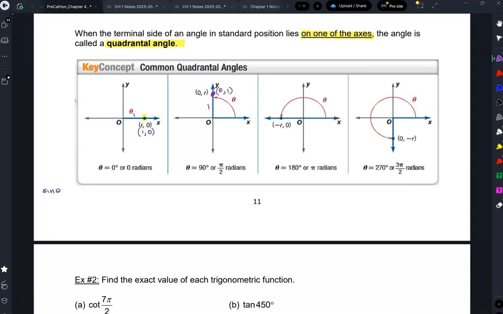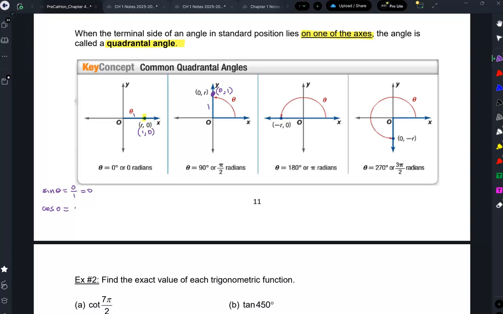Sine of theta here, okay? Remember, sine is always y/r, 0/1, 0. Okay? And then cosine, instead of writing generic theta, what would the angle be over there? 0. So cosine of 0, remember we said it's always x/r?